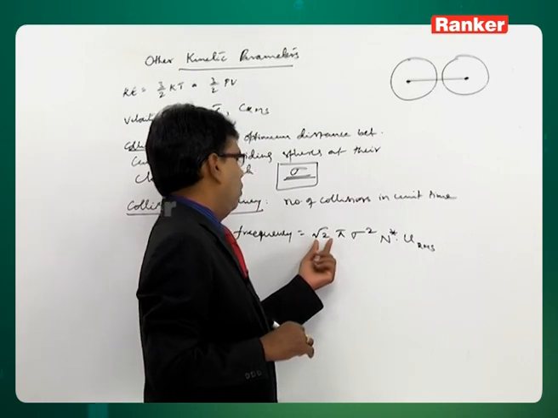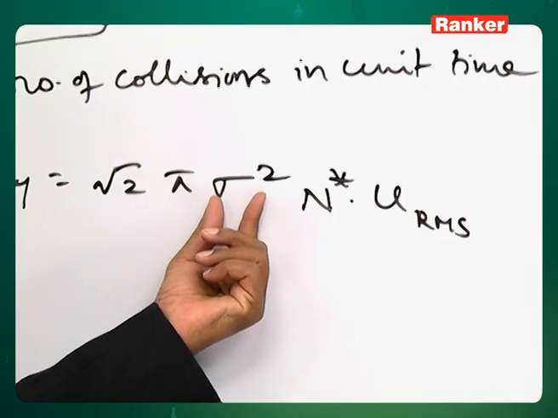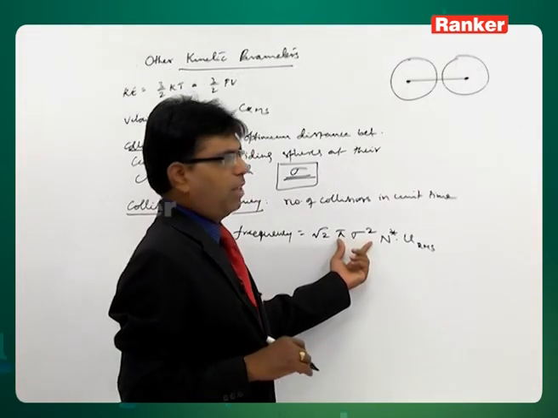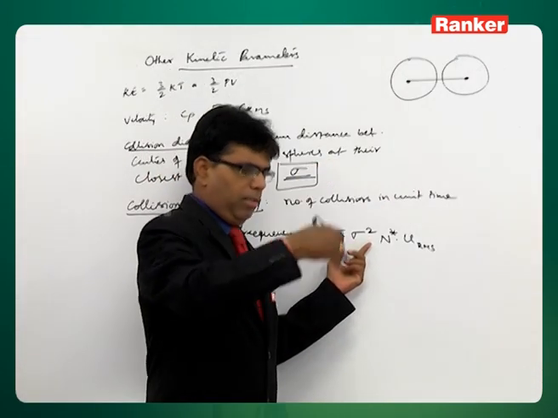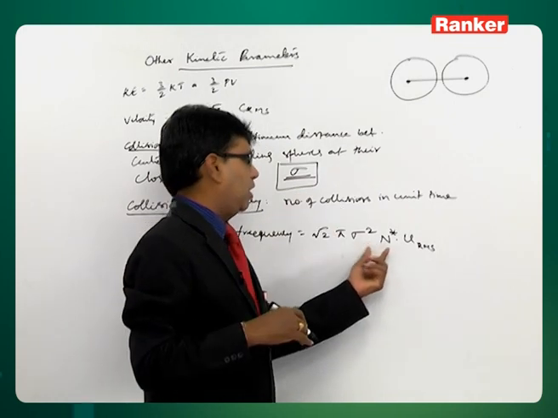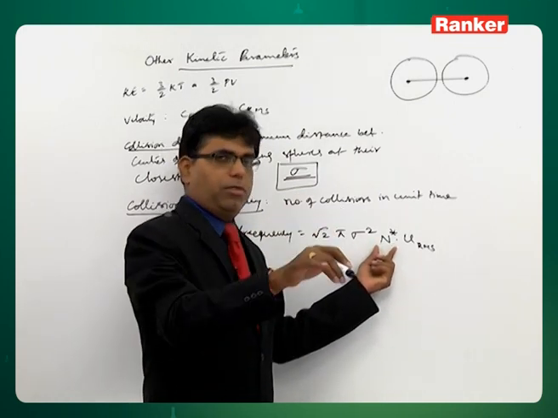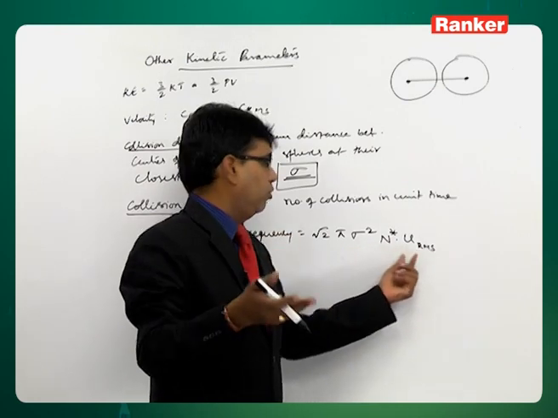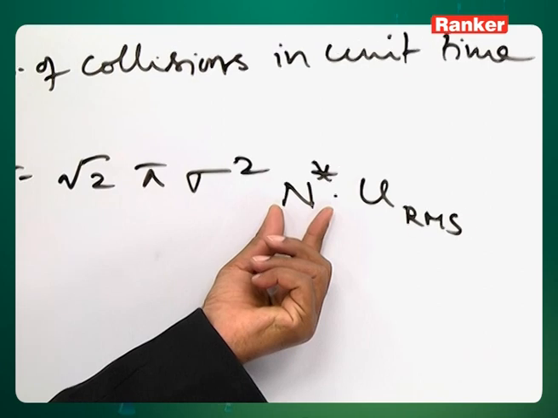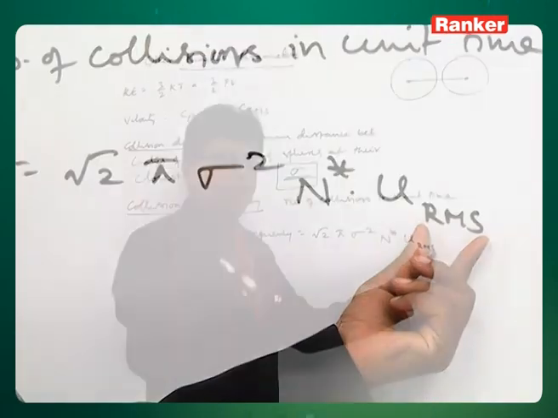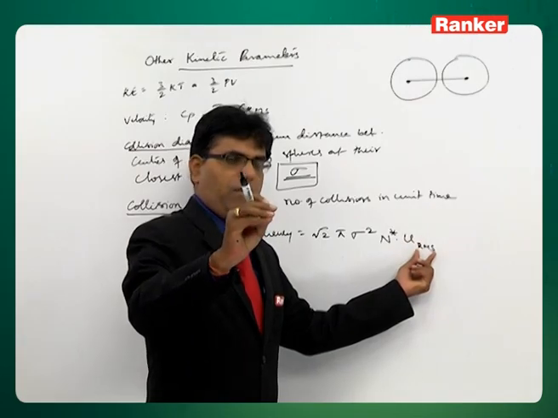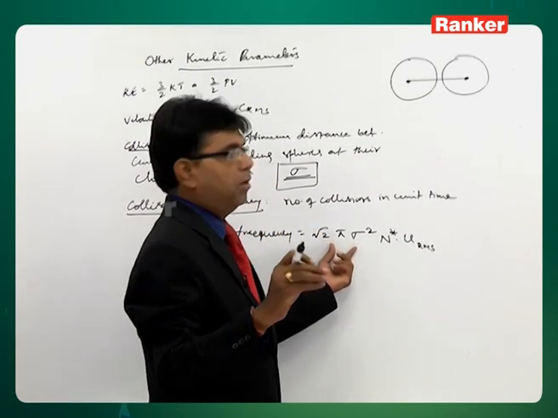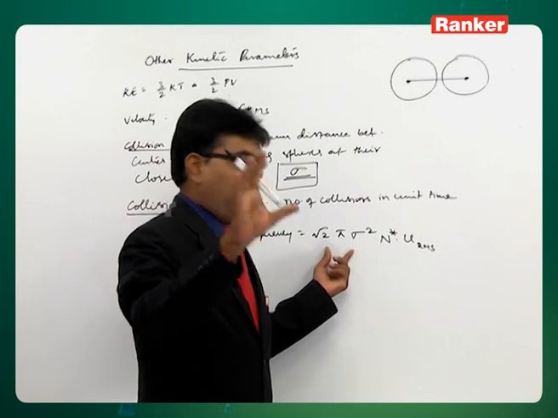That is equal to root 2 pi sigma square, where sigma is the collision diameter, right. So it gives you the area in which the collisions are taking place, and the fraction of molecules having that particular velocity, and u RMS is that velocity. n star is the number of molecules possessing a particular velocity u in a volume of space, about 4 by 3 pi r cube if you take a spherical volume.